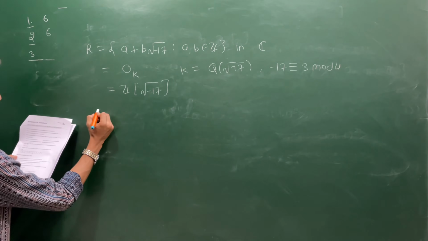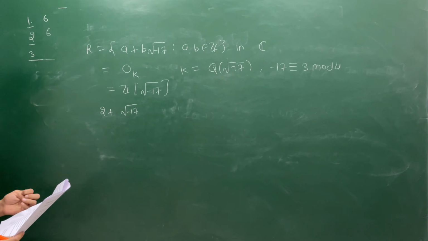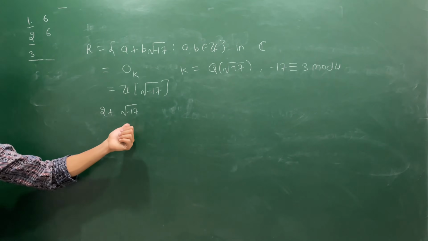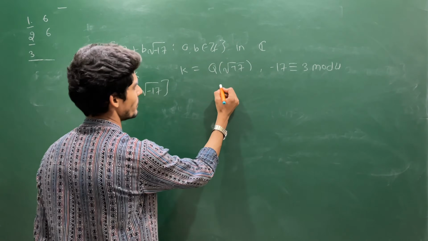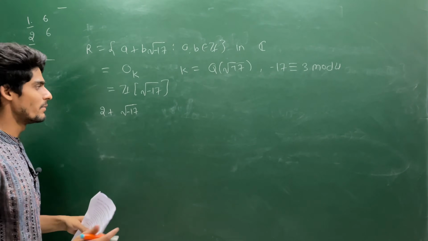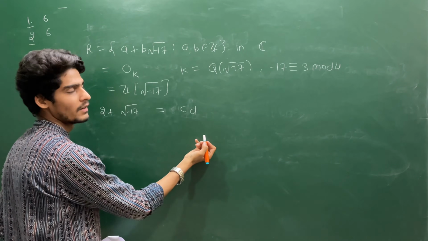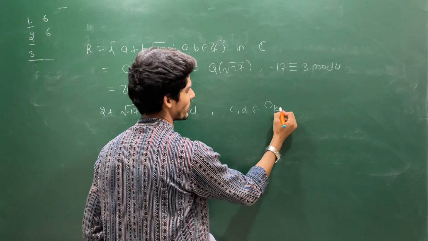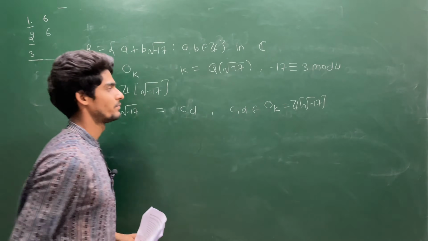They are asking about this element 2 plus square root of minus 17. What can you say about this element, whether this is an irreducible element or a prime element? So let us verify first the irreducibility criteria. If this element is irreducible, then you can write this element as a product of two elements CD, where C, D are coming from this ring, which is nothing but Z[square root of minus 17].